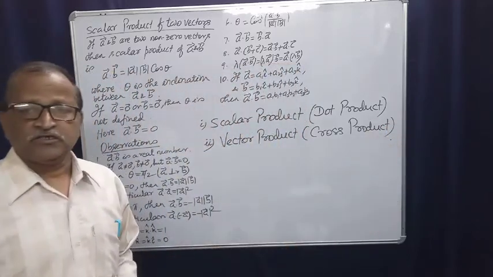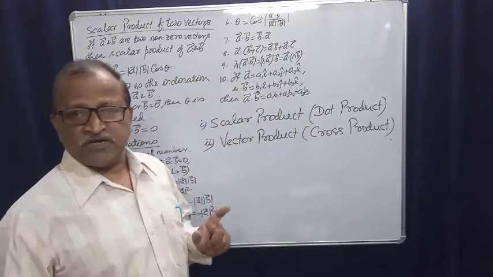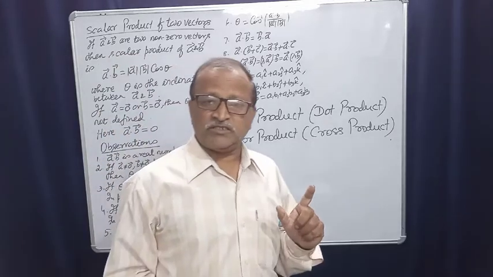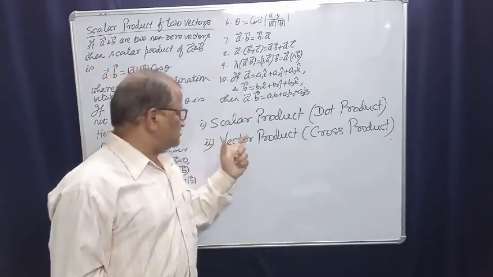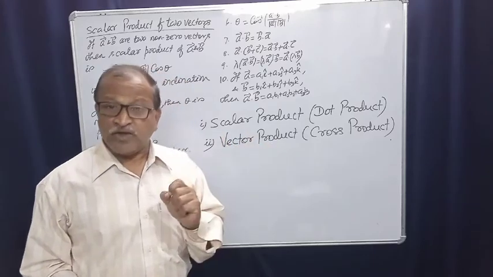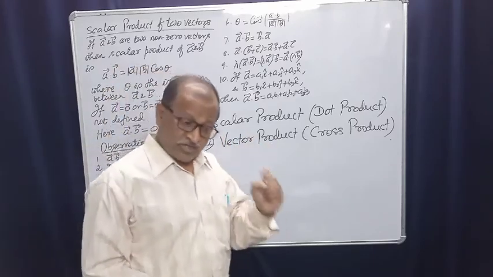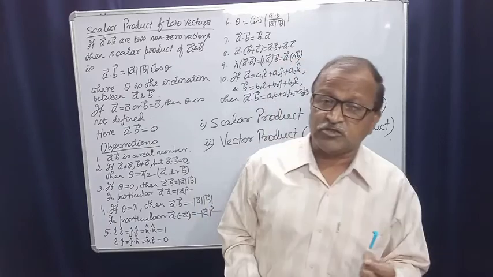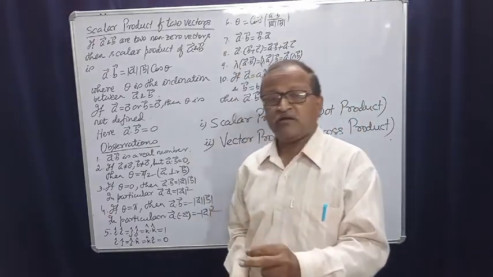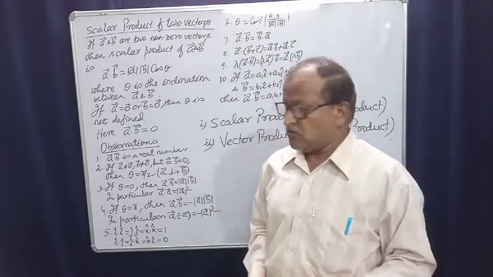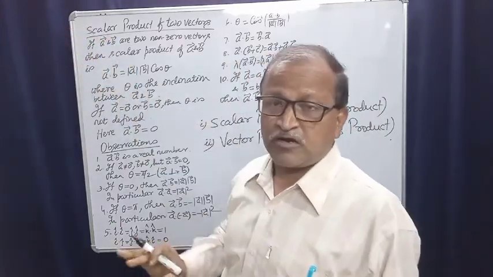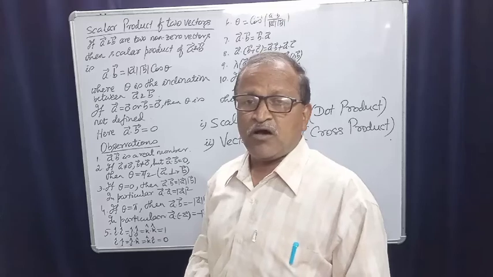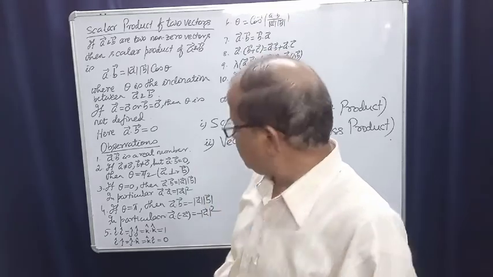So there are two types of product. If we come to three vectors, there are also scalar triple product and vector triple product. Let us first discuss scalar product of two vectors, or dot product.